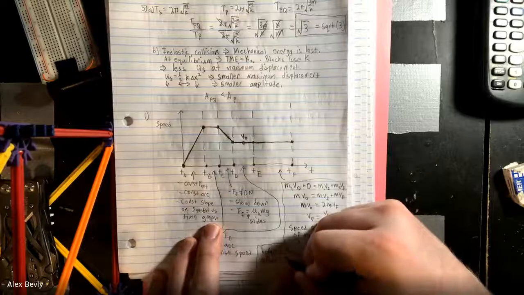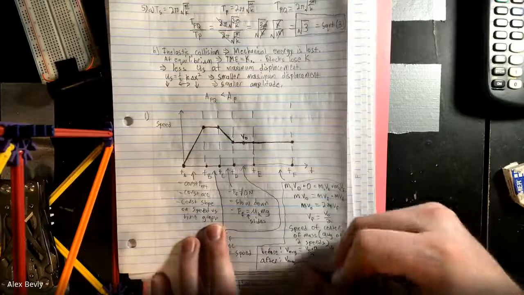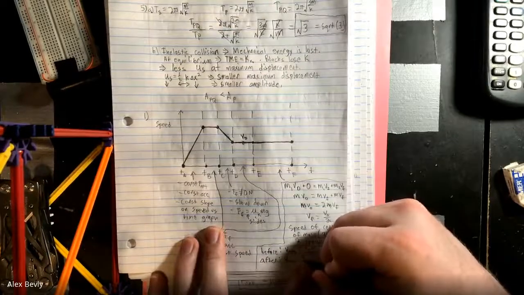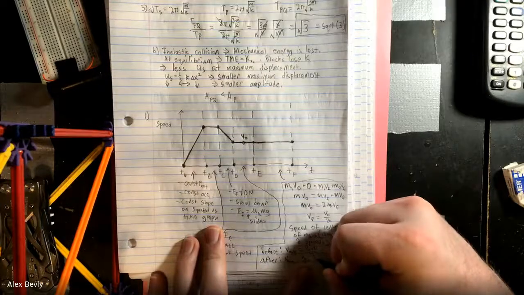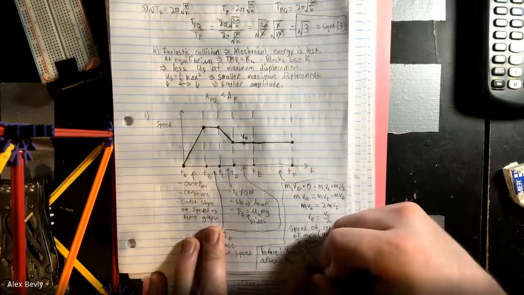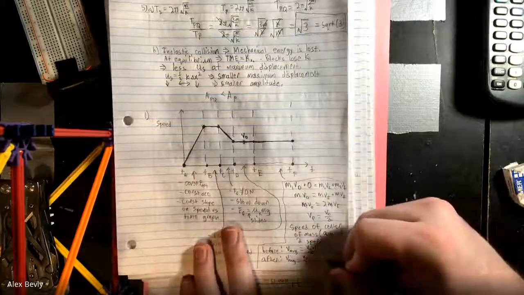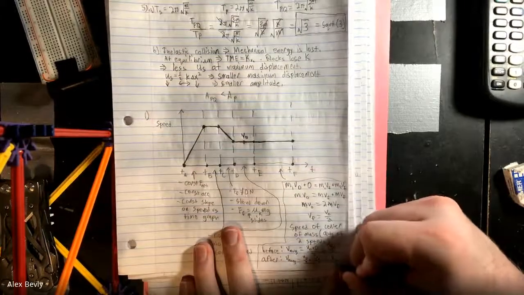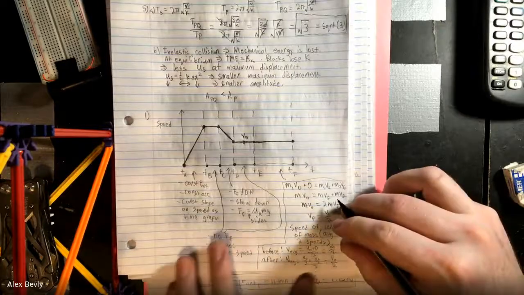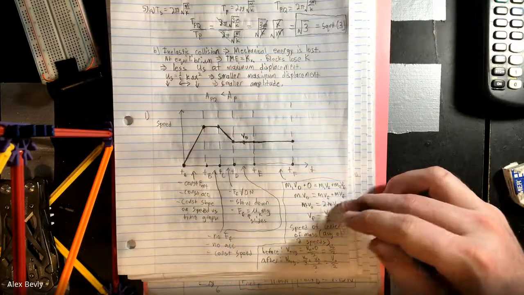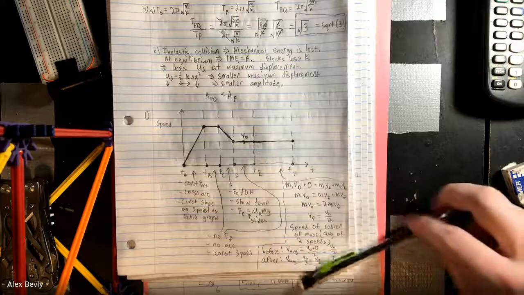Block 1 is going V naught over 2. Block 2 is going V naught over 2. The average is V naught over 2 plus V naught over 2, divided by 2, equal to V naught over 2. So the average speed of the two blocks does not change.